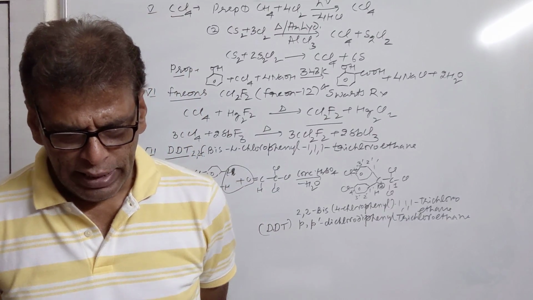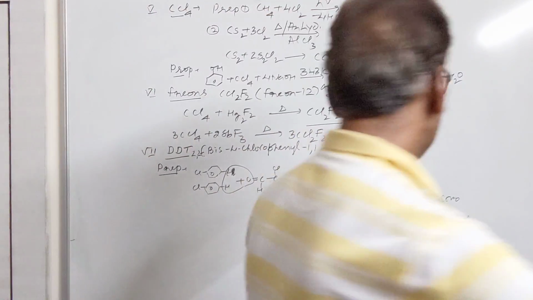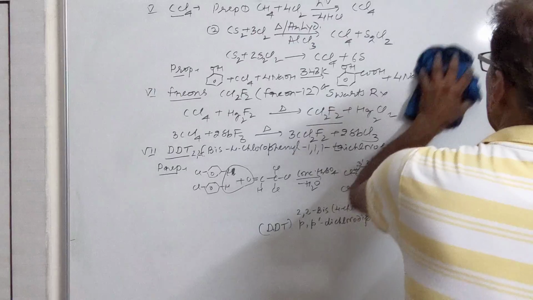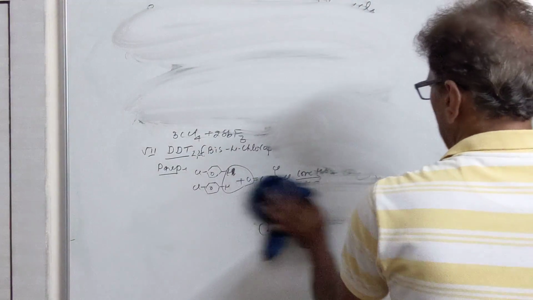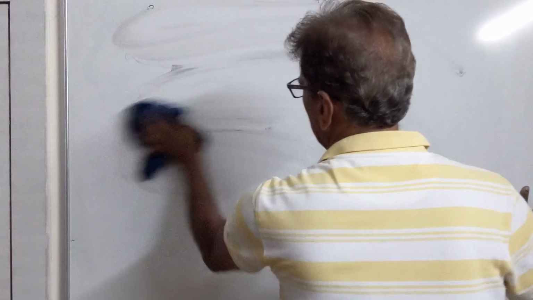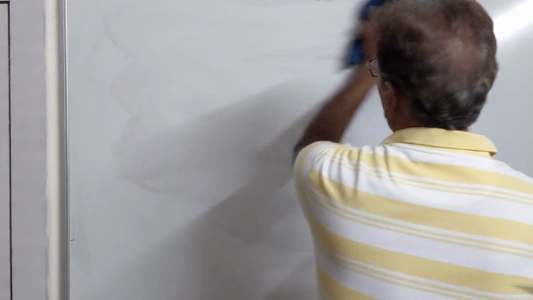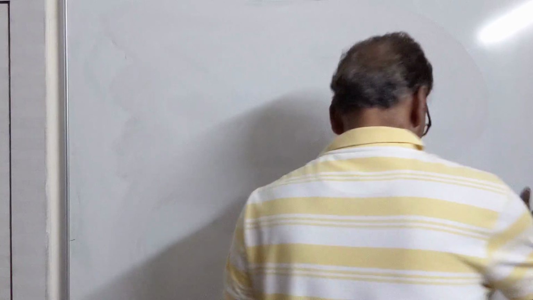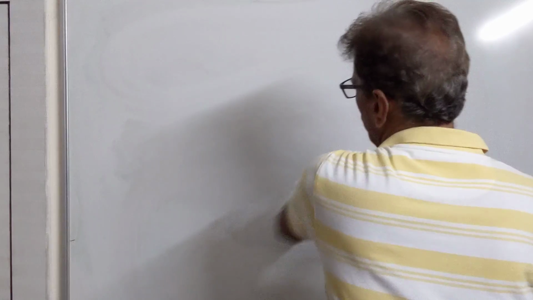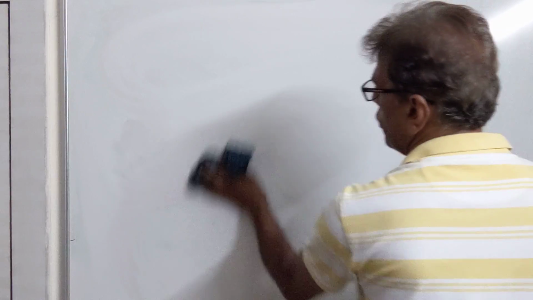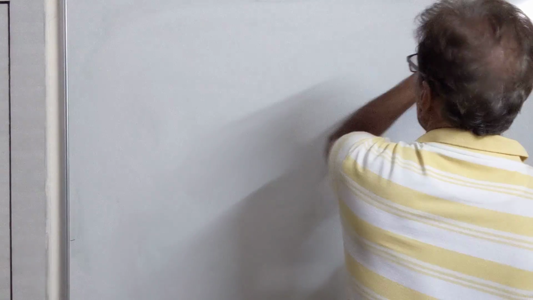Then we have another important compound, that is BHC, benzene hexachloride. It is a mixture of 2 compounds. It has hexachlorobenzene as well as hexachlorocyclohexane. Both compounds are present in BHC, and they are obtained during preparation of BHC in the laboratory.